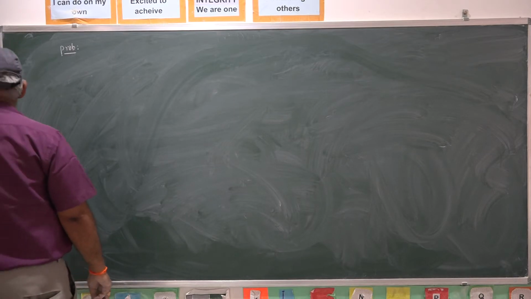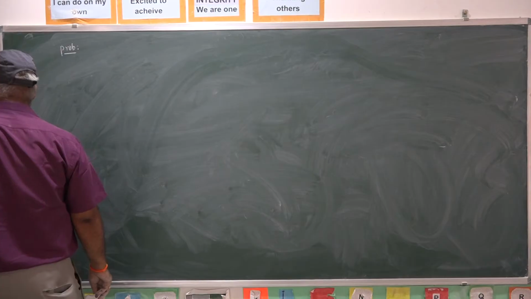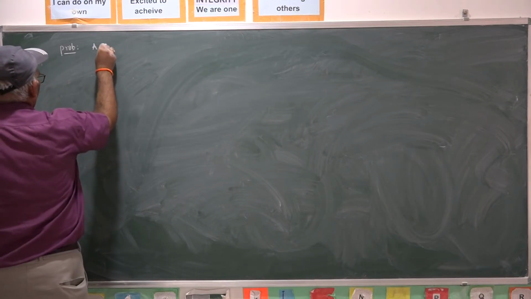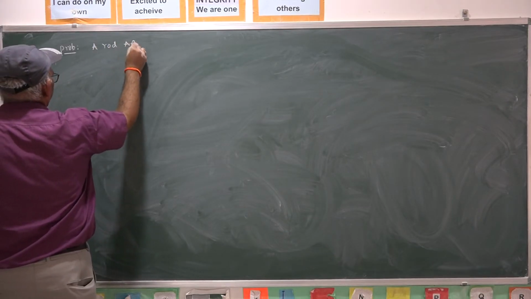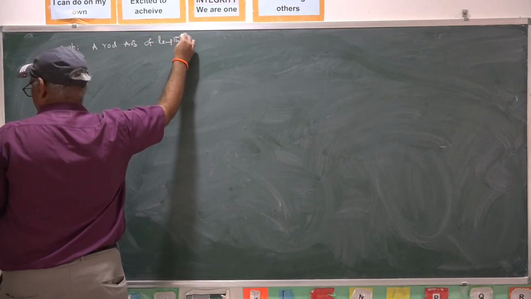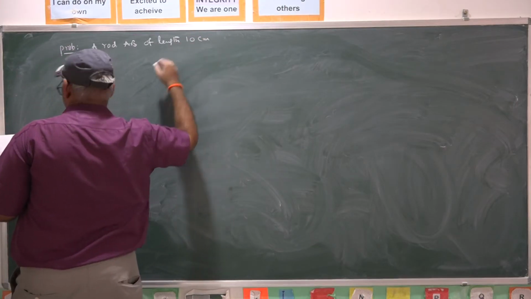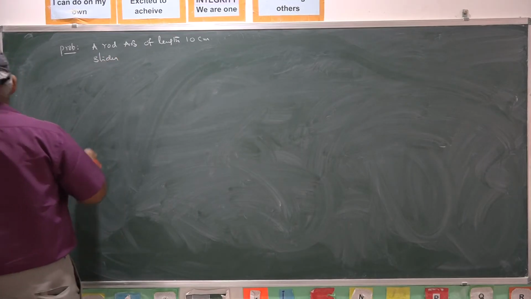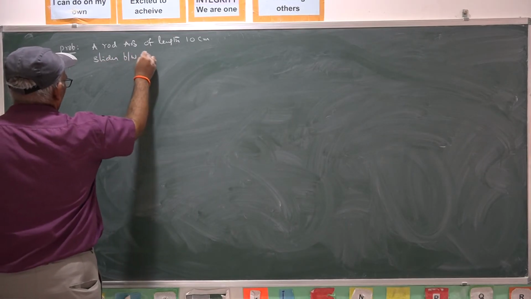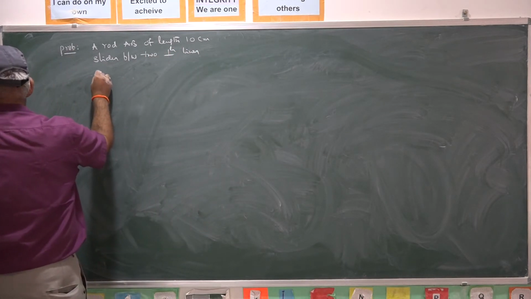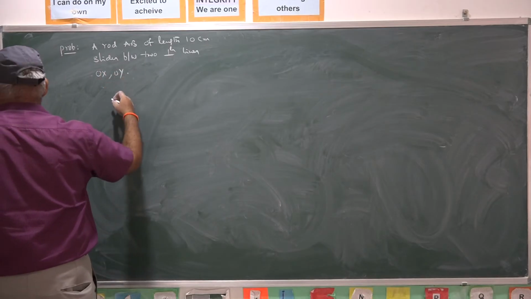Next one. A rod AB of length 10 centimeters slides between two perpendicular lines OX, OY, of course coordinate axes.